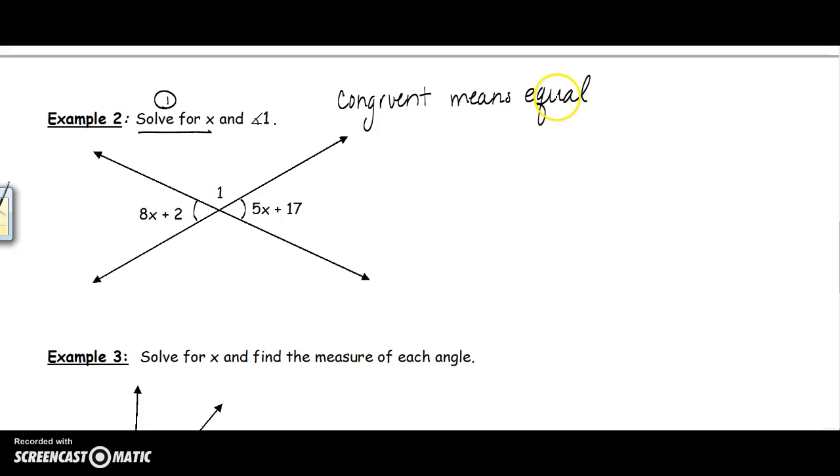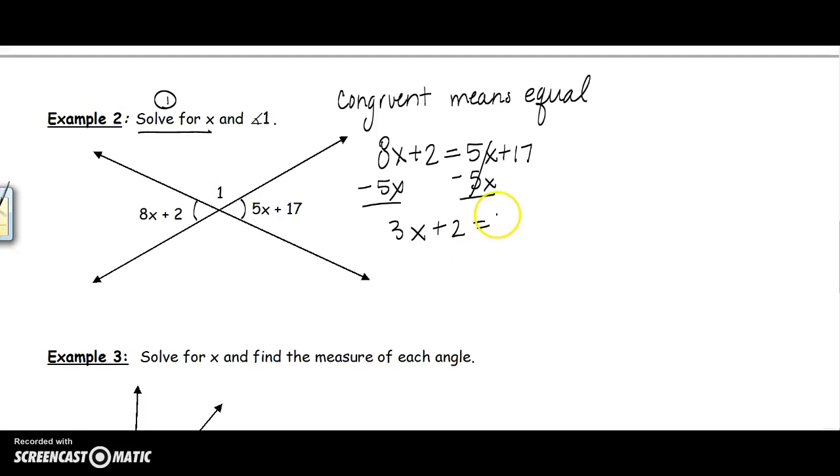So you can go ahead and set both of those two angles equal to each other to find x. So you would subtract 5x, get 3x plus 2 is equal to 17, subtract 2 and get 3x is equal to 15, divide by 3, so x is 5.